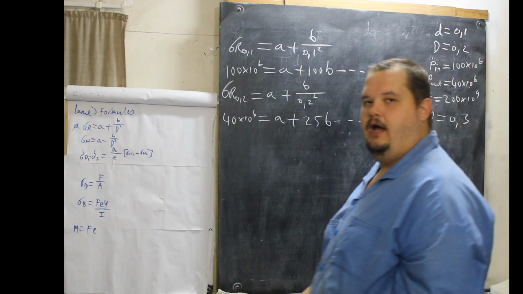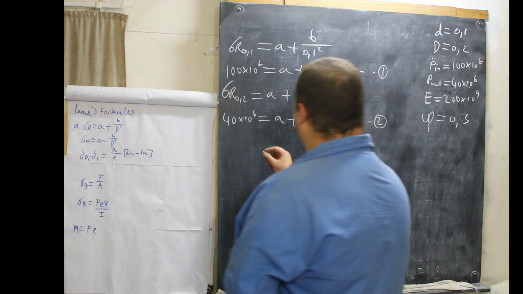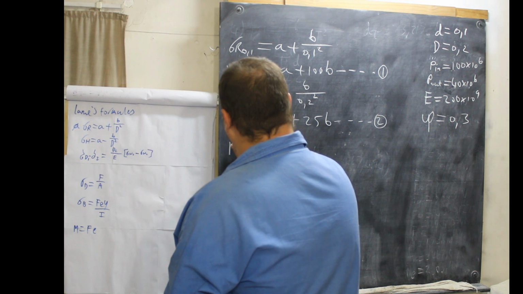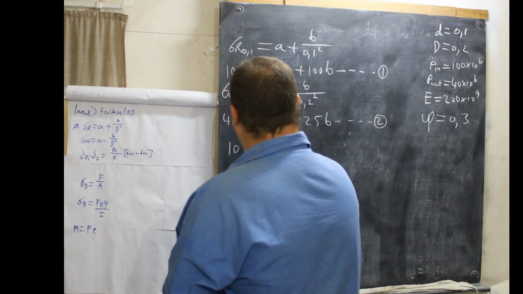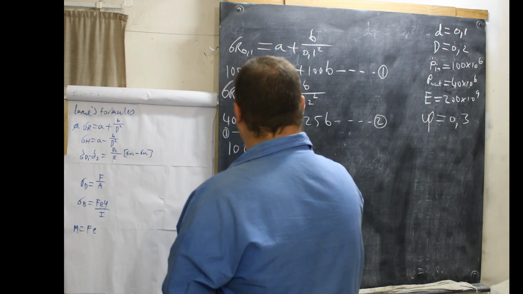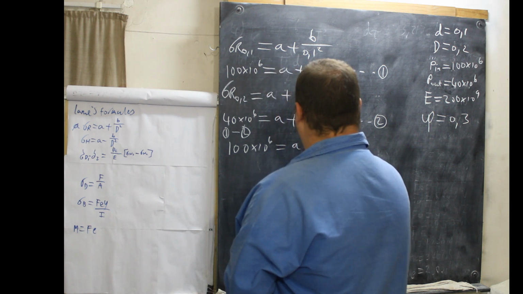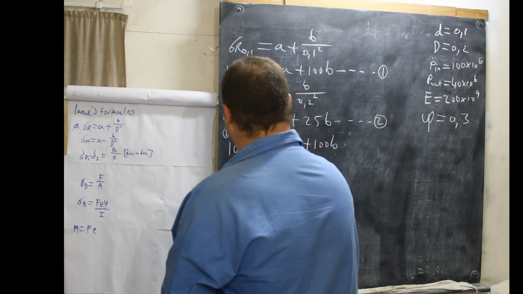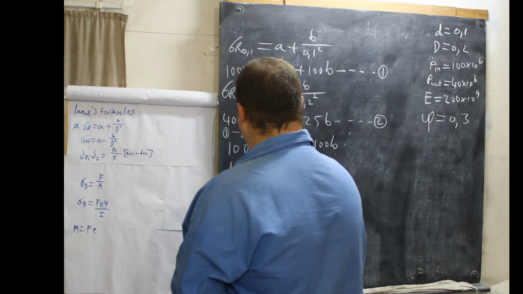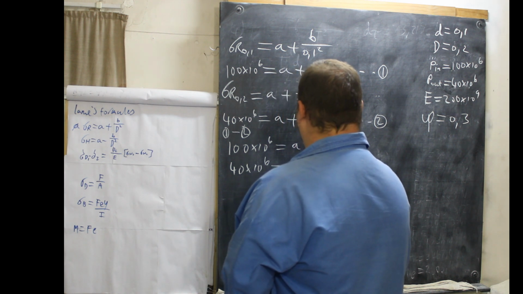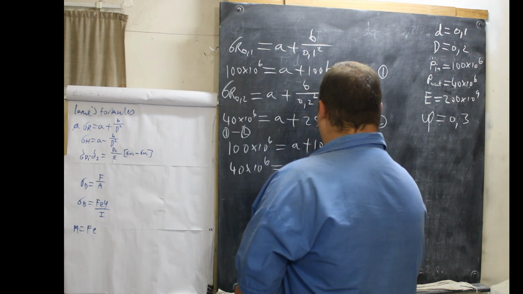Now, as we remember our simultaneous equations from mathematics, we will go 100 times 10 to the 6, so 1 minus 2. So equals A plus 100B. Now, this will equal 40 times 10 to the 6 equals A plus 25B.